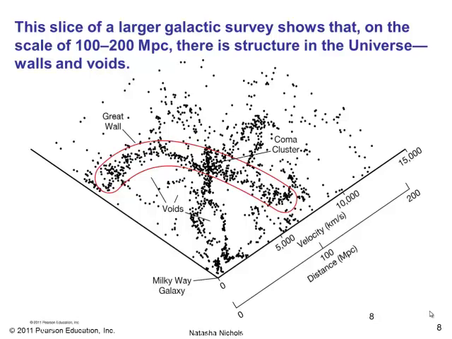Instead, they appear to have a filamentary structure surrounding vast, nearly empty voids. We assume that H0 is 70 kilometers per second per megaparsec. This slice covers 6 degrees of the sky in the direction out of the plane of the paper.